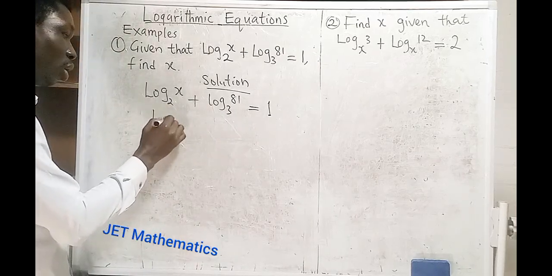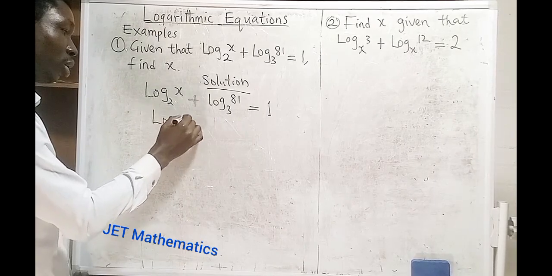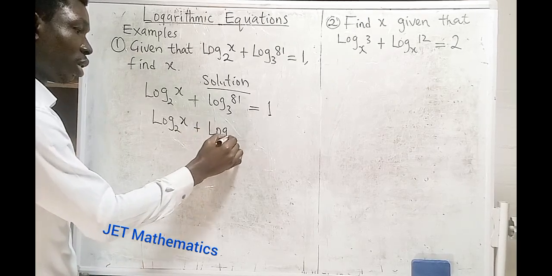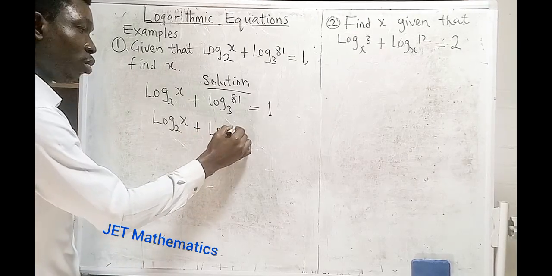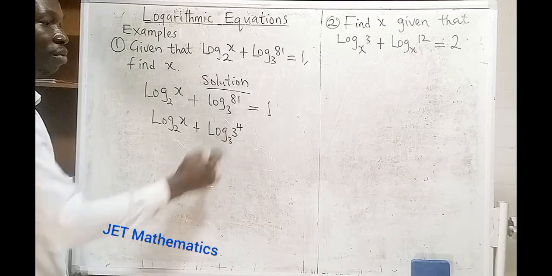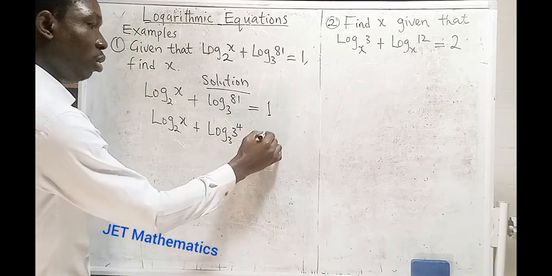This we can write as log x to base 2 plus log 3, and 81 is 3 raised to the power 4, is equal to 1.